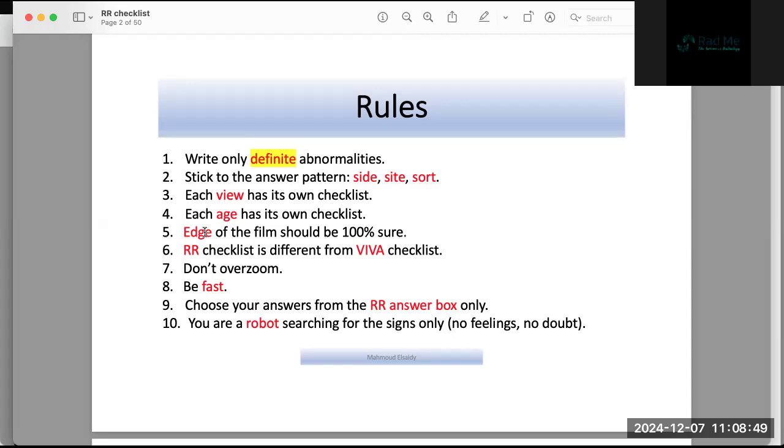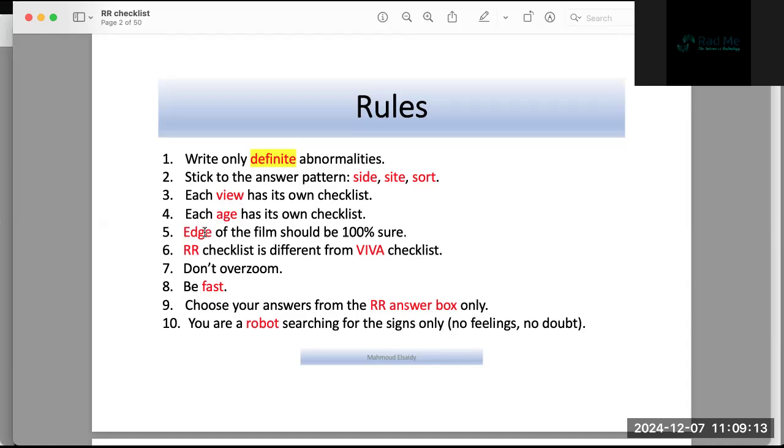So the checklist for rapid reporting is different from the Viva. The Viva has more subtle findings, more findings for discussion, for further assessment by other modalities. But in rapid reporting, you don't have this opportunity. There is no discussion, there is no further assessment, there are no prior images.